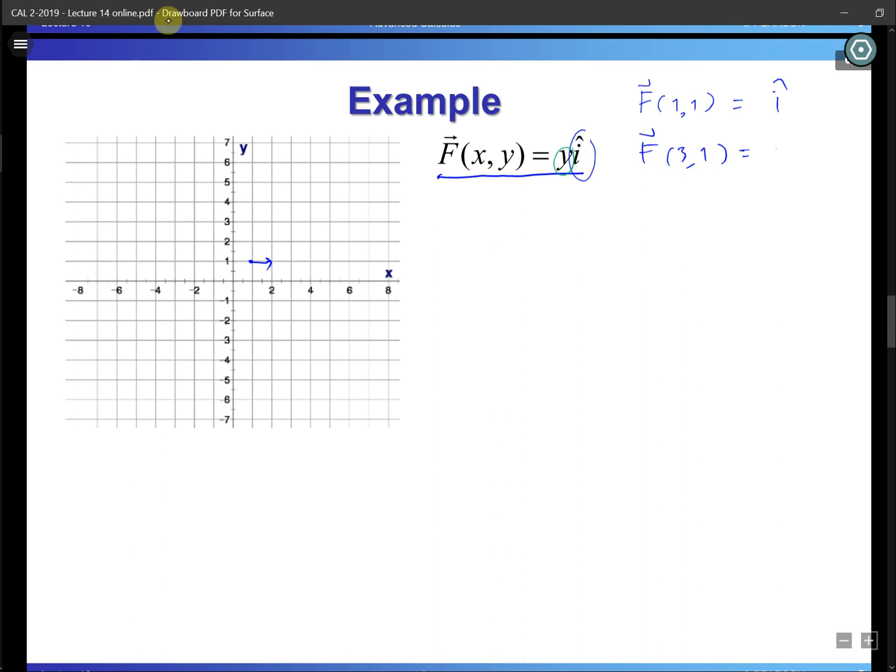So this also comes out to be just vector i. At this point, it comes out to be this, and the same for any other point. So in terms of the vector field, it's going to look like this, as long as y equal to 1. But if y equal to -1, it's going to go in this direction.